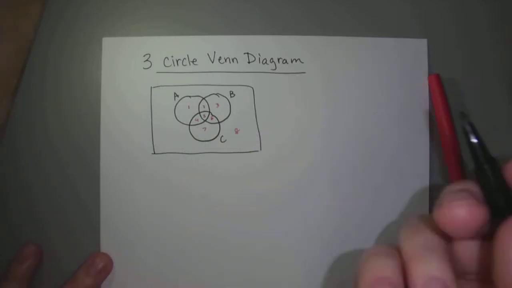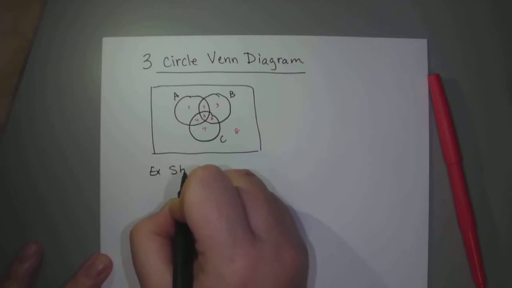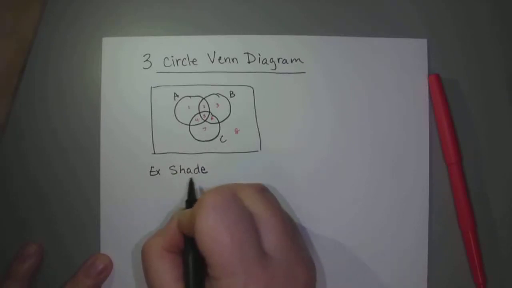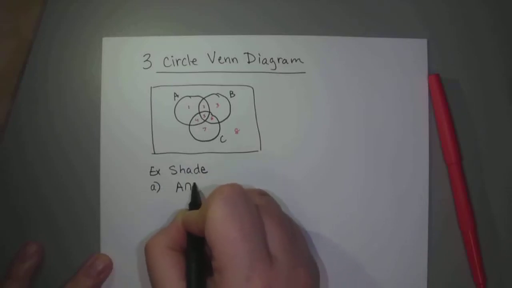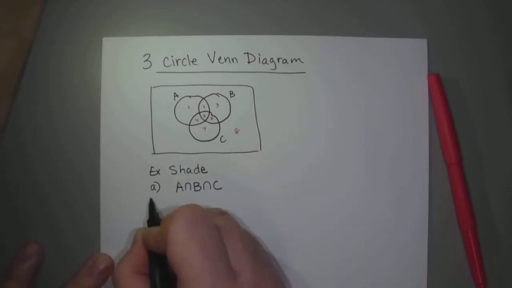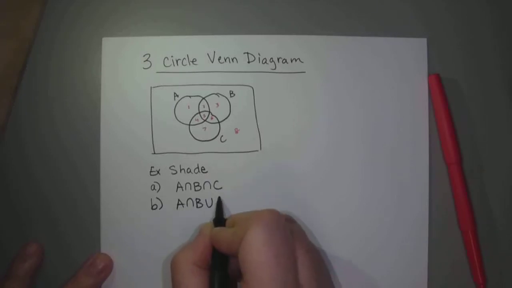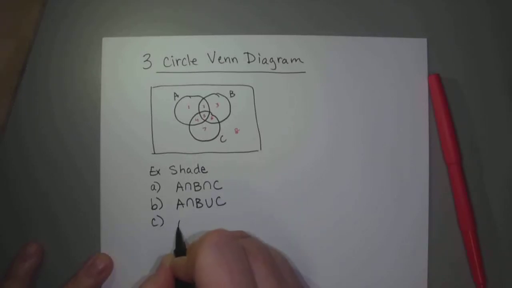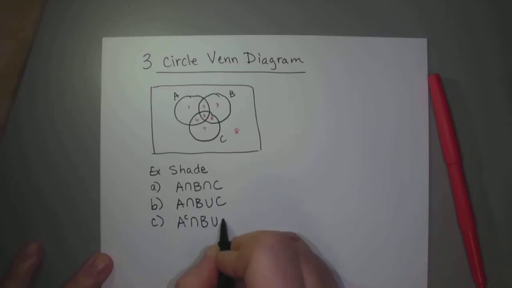Okay, so for shading, let's suppose I want to draw A intersection B intersection C. Let's write a couple of these down. A intersection B union C. A complement intersection B union C. Let's put these in a bracket.